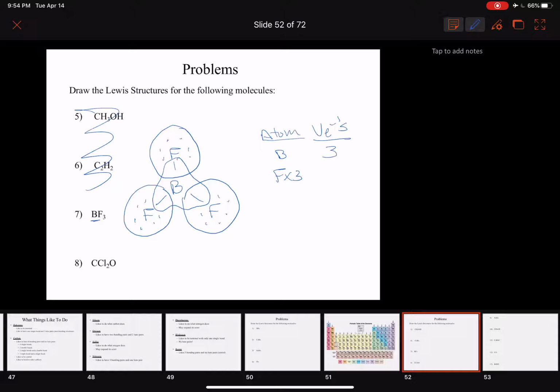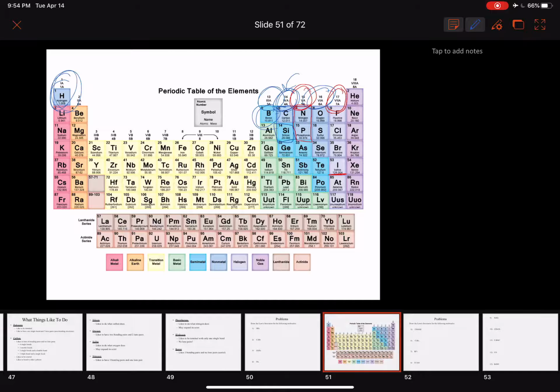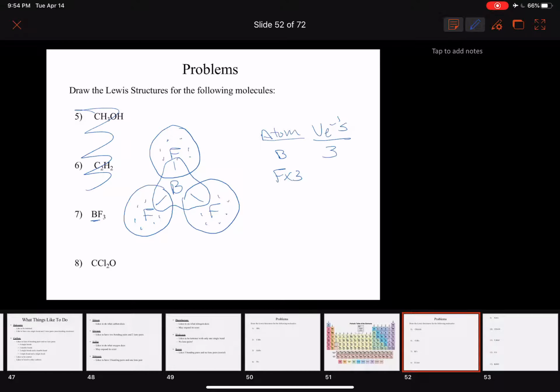Fluorine is a halogen. Halogens always have how many valence electrons? 7. It's in group 17 or 7A. We have 3 of them. If we have 3 and they're 7 each, that's 7 plus 7 plus 7. So that's 21. So we have 24 valence electrons total.